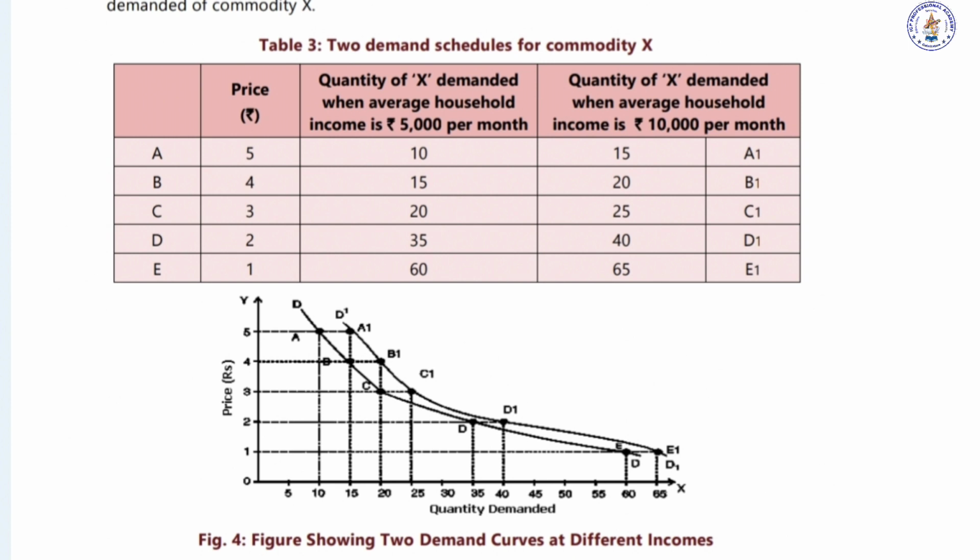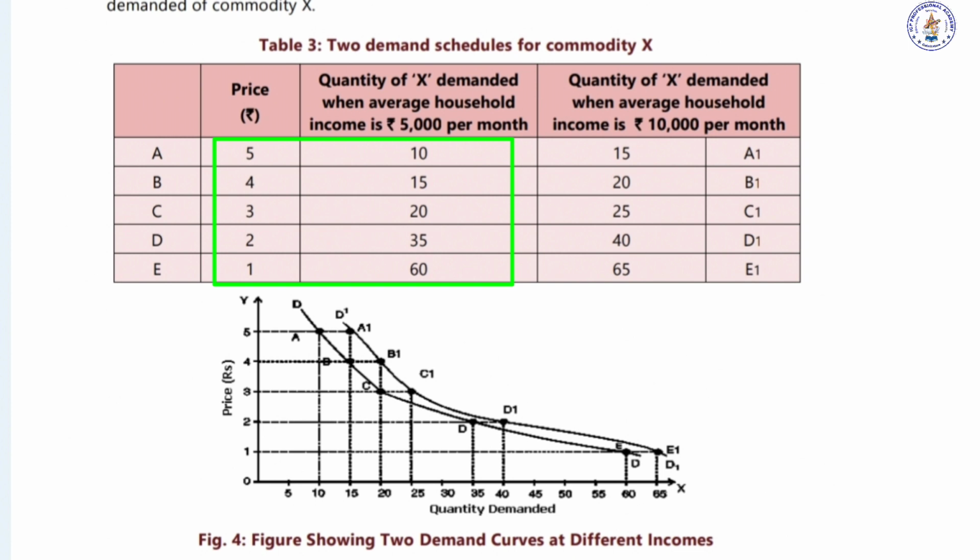Say for example, you have been given a table there on page number 2.19. The preference of the consumer to buy a particular product at a given period of time. There are 5 preferences given. When the price moves from E, that is 1, then goes on to 2, 3, 4. And the quantity demanded when the household's income is rupees only 5,000 per month.